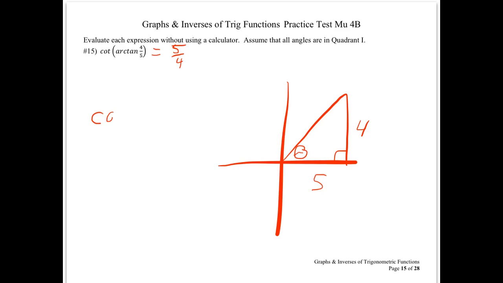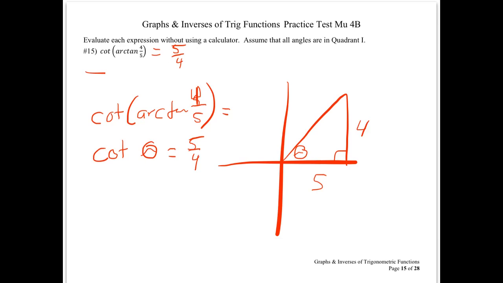So from this picture, we could say that arctangent of 4/5 is theta, because that's the angle that makes that triangle. Well, what's cotangent of theta? That's x over y. That's 5/4. With work or without work, this is 5/4.